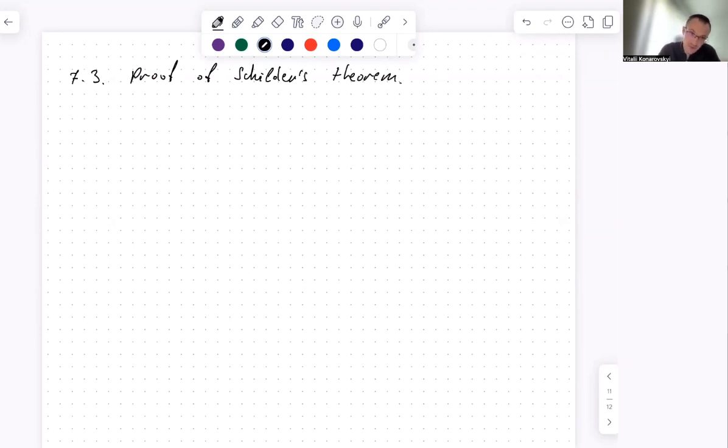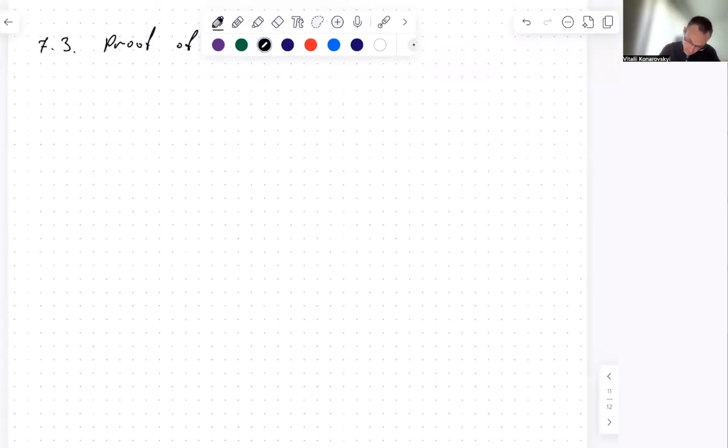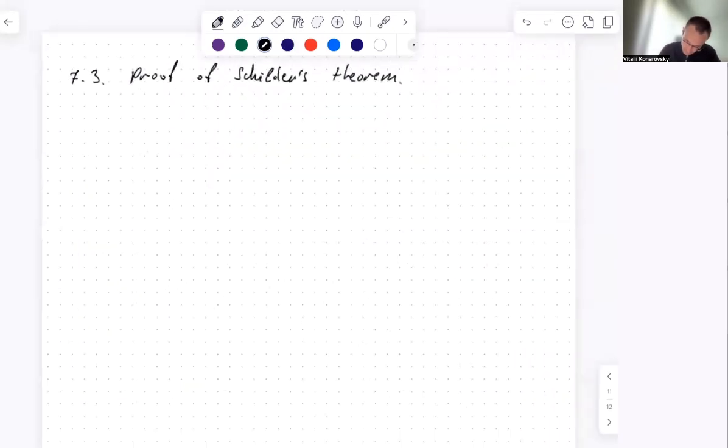And we will start from the proof of, as I already said, proof of weak large deviation principle for Brownian motion. It is 7.3.1, proof of weak large deviation principle for Brownian motion.